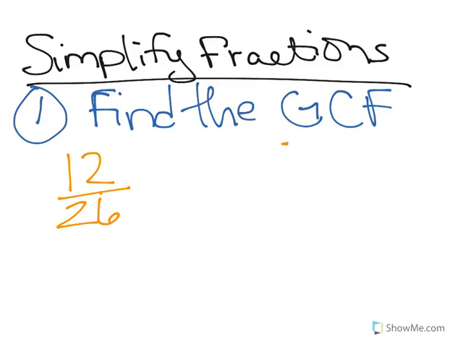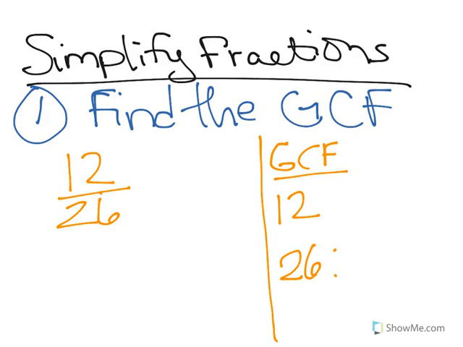I'm going to show my work on this side, and I have 12 and 26, and I'm going to use rainbows to help me find the greatest common factor. So when I list it, I get 1 times 12 is 12, 2 times 6 is 12, 3 times 4 is 12. Now let me try 26.